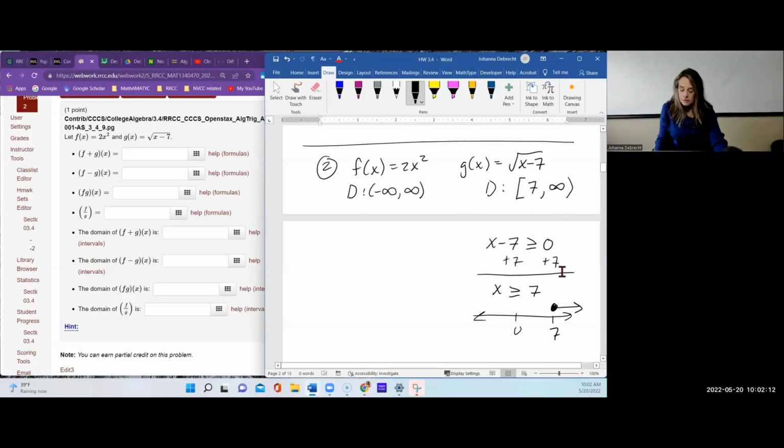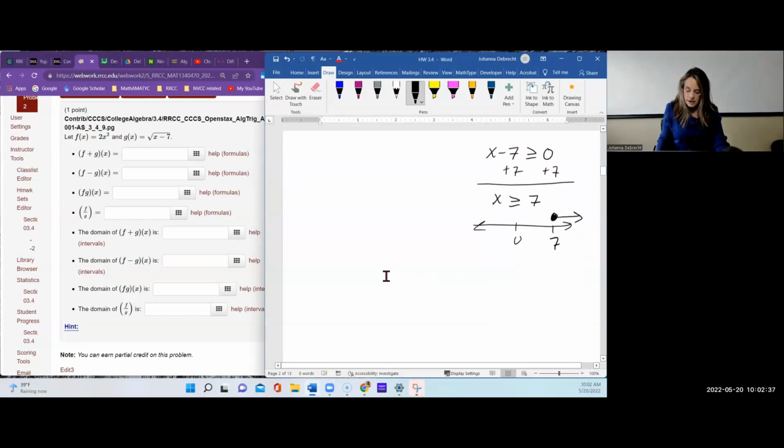Remember to make your interval notation follow the number line picture in order left to right. What these two have in common is not all reals. This won't accept all reals. Instead, this only accepts from positive 7 and above. That means what they have in common is positive 7 and above.